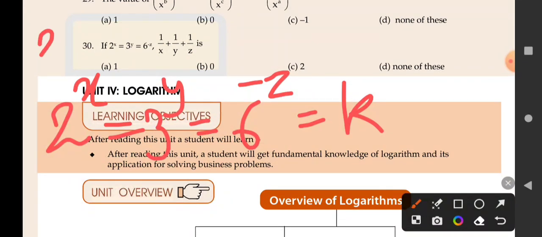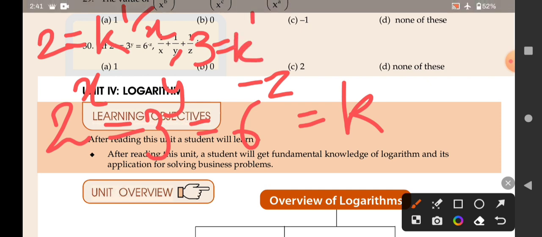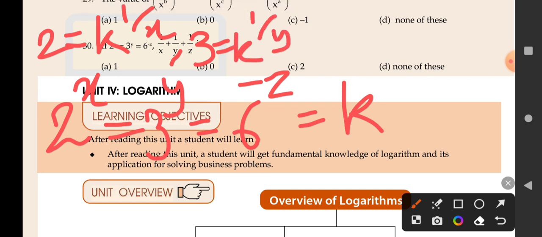So 2 equals k power 1 by x, 3 equals k power 1 by y, and 6 equals k power minus 1 by z.